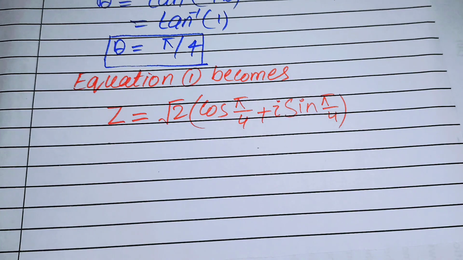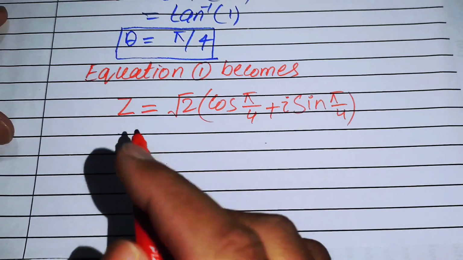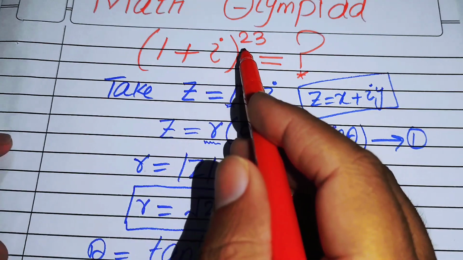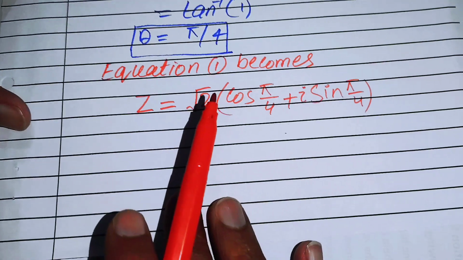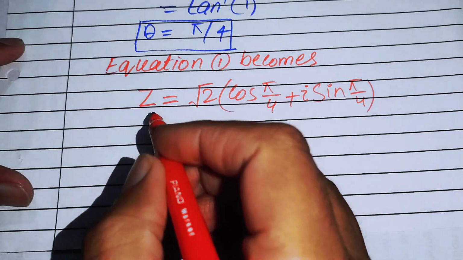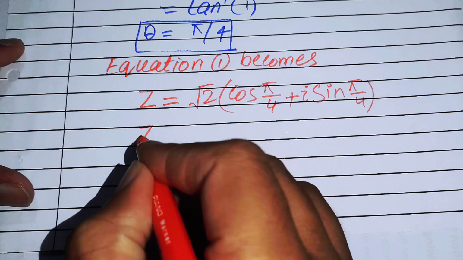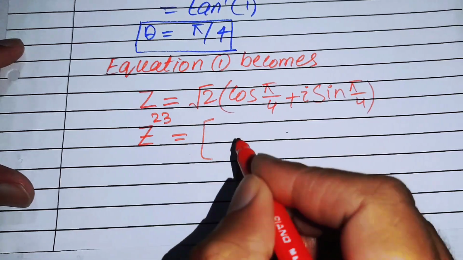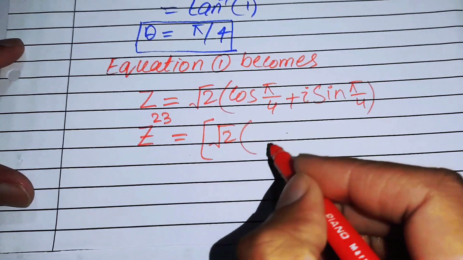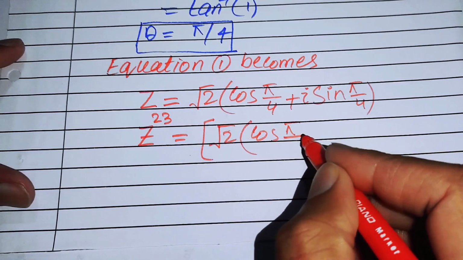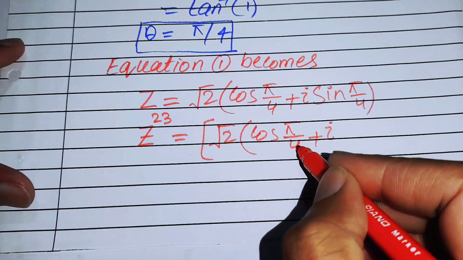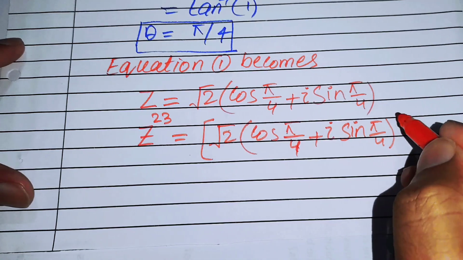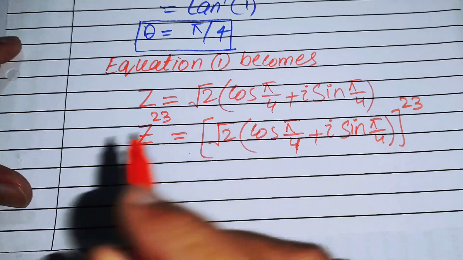Because the exponent of 1 plus iota is 23, we need to take 23 power on both of the sides. So we take z power 23 equals to square root of 2 into cos of pi by 4 plus iota into sine of pi by 4, and its whole power 23.